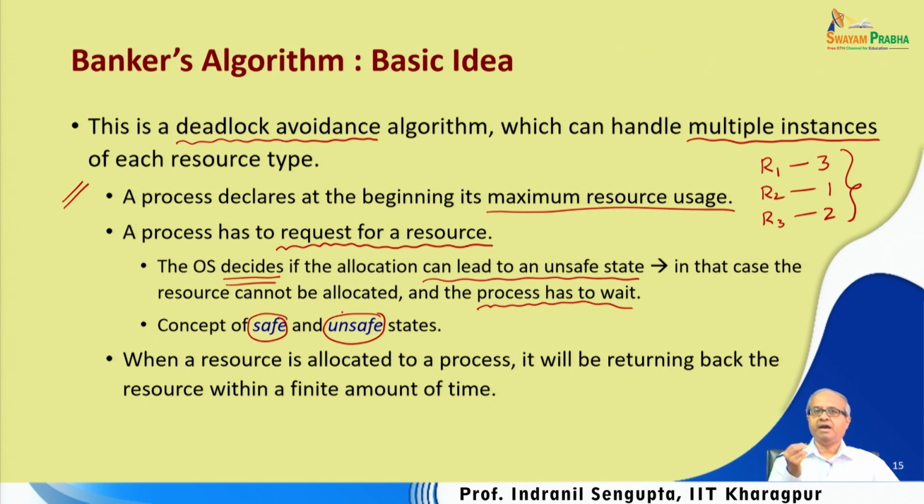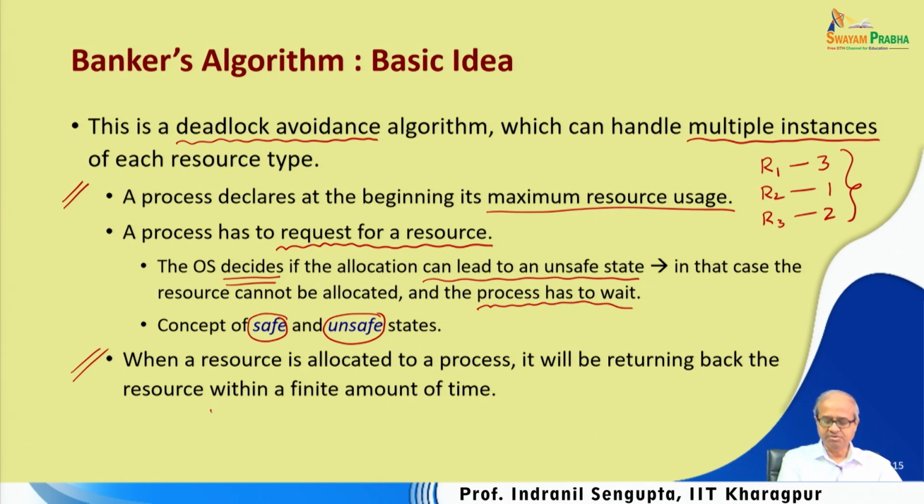Okay. And another assumption is also there, which is central to this algorithm. It is this last point. It says that suppose a process has requested a resource, and the resource has been allocated to it by the operating system. Now, it is assumed that the process will not hold the resource for an indefinite amount of time. It will use the resource and return it to the operating system within a finite amount of time.